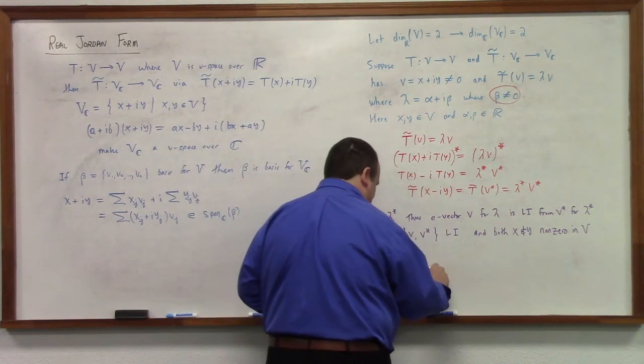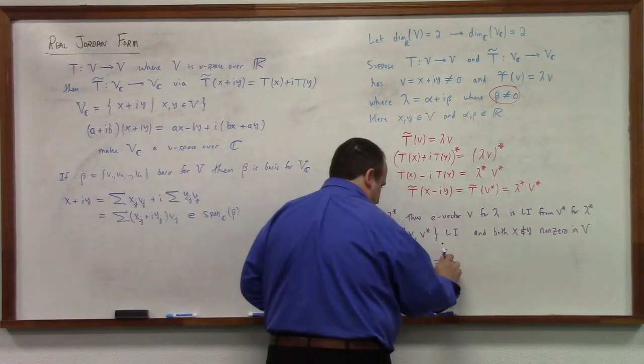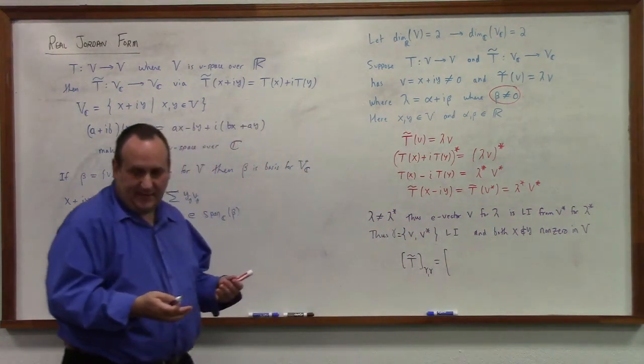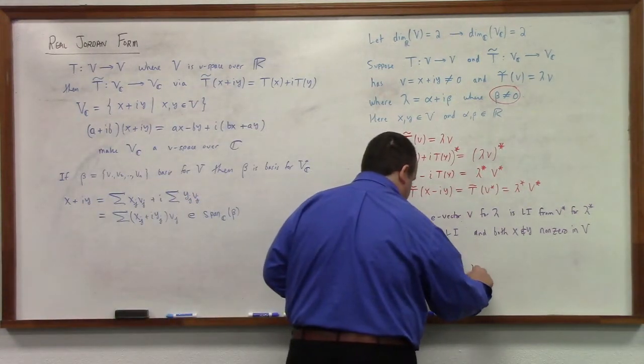With respect to this basis gamma, what does it look like? It's diagonal, right? Because this is an eigenbasis. And the diagonal entries are lambda and lambda conjugate.